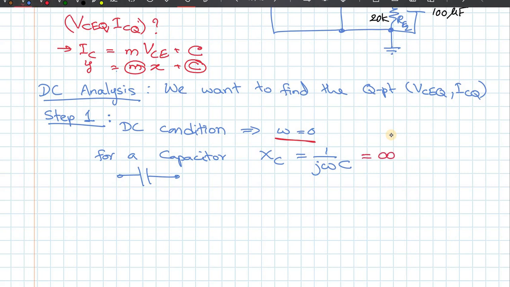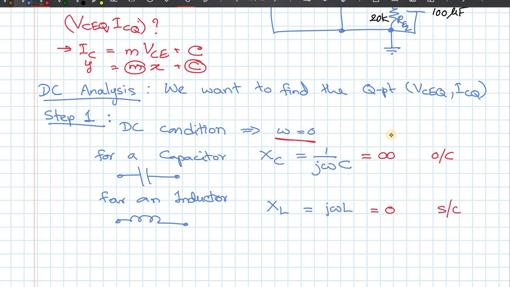Now in this circuit we don't have inductors, but in general we can have inductors as passive elements. The impedance of an inductor is j omega L, in which case at omega equals 0, my XL becomes 0. So XC equal to infinity means an open circuit, and XL equal to 0 means a closed or short circuit.